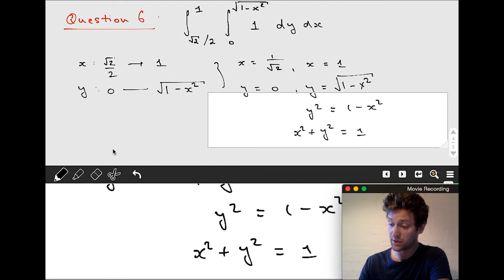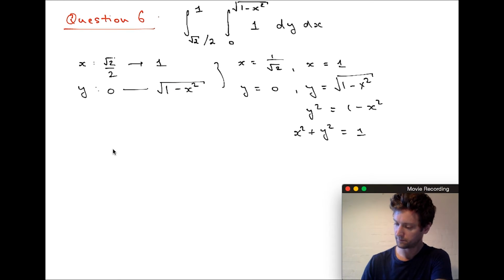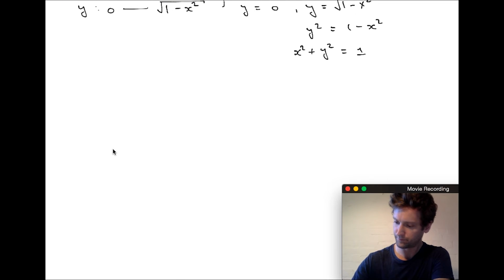So let's sketch these 4 different curves and see what region is bounded by them. Okay, so let's sketch the xy plane.